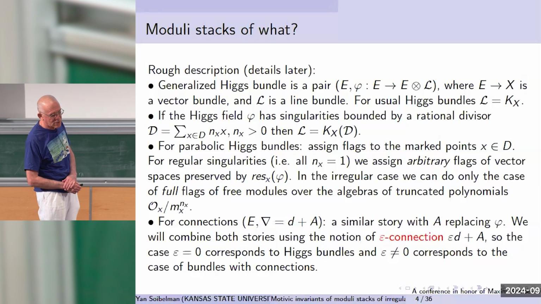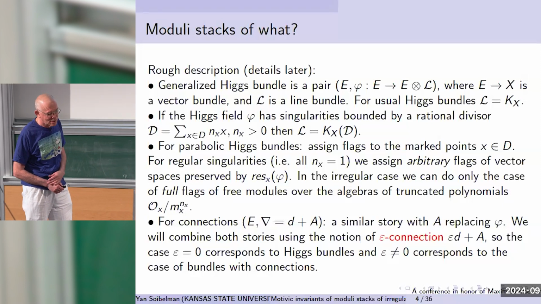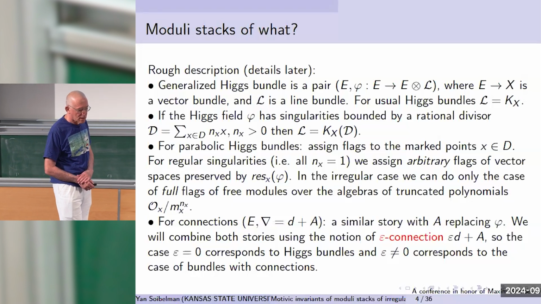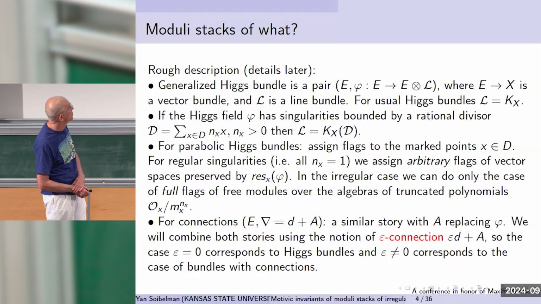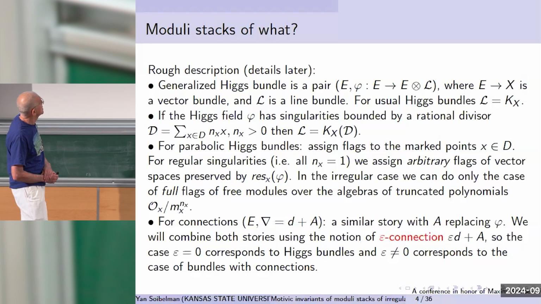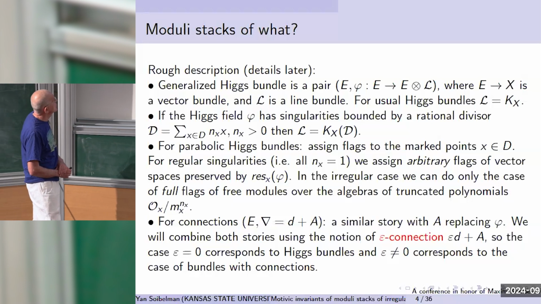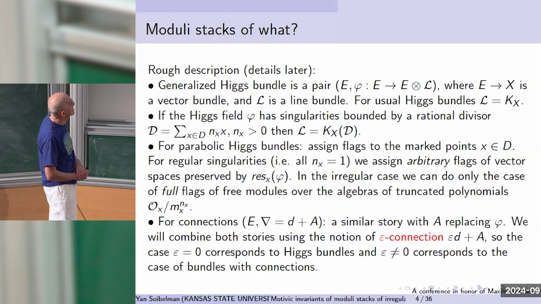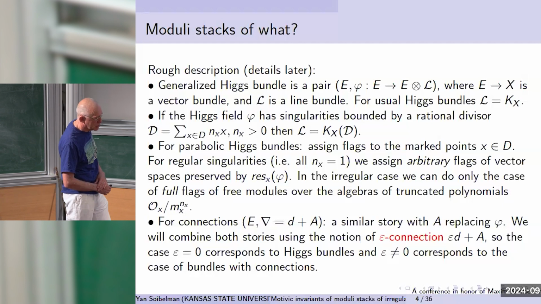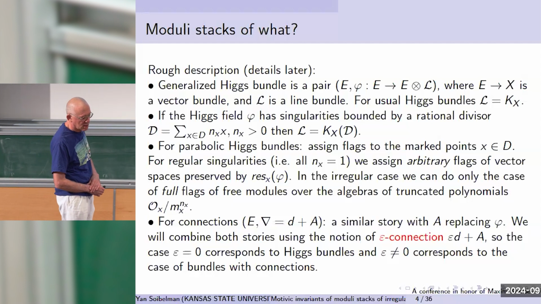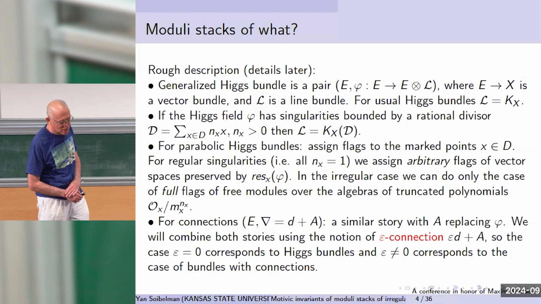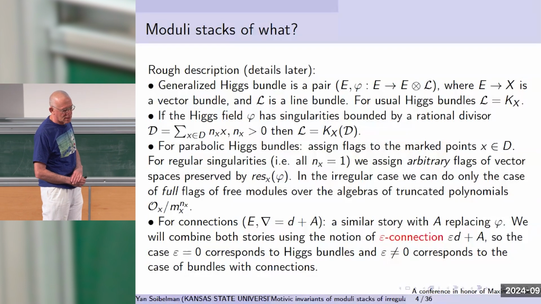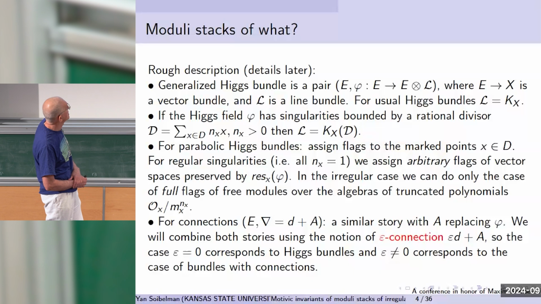For irregular, which is the most interesting and new as of today part of our project, we consider only full flags. But these are not full flags of vector spaces, they will be free modules over a truncated local ring, or algebras of truncated polynomials. And for connections, the story is similar.